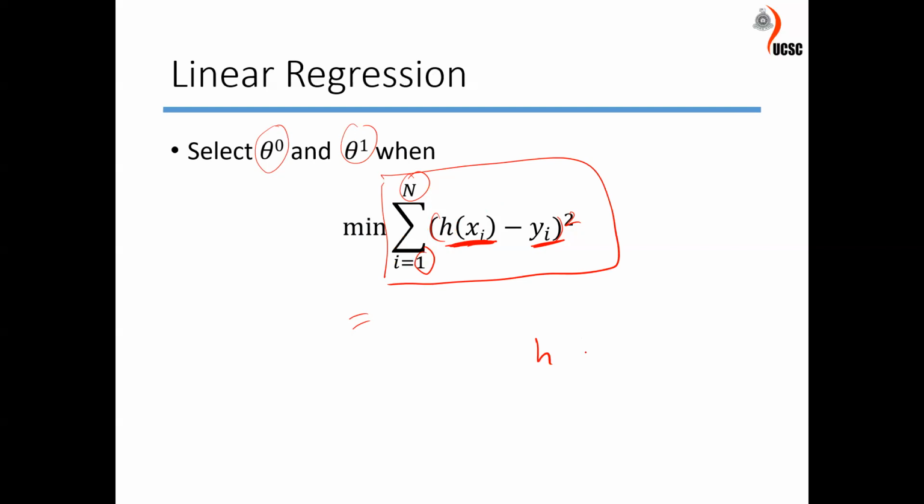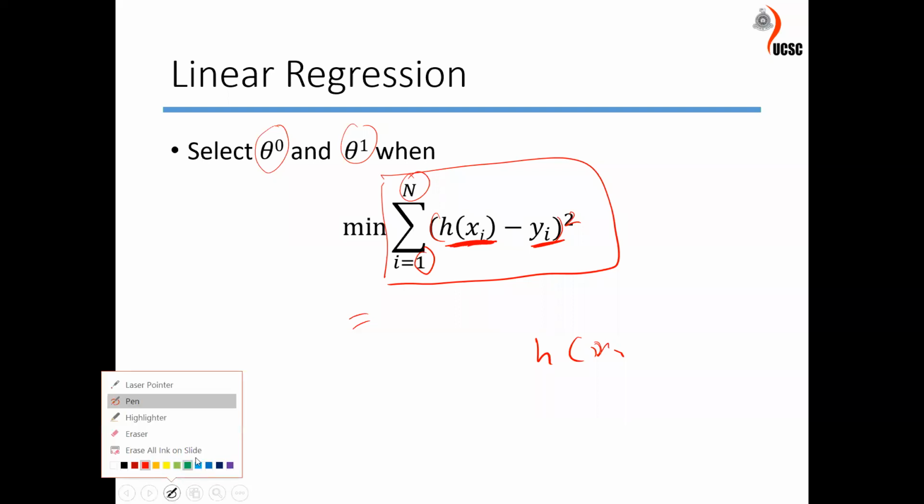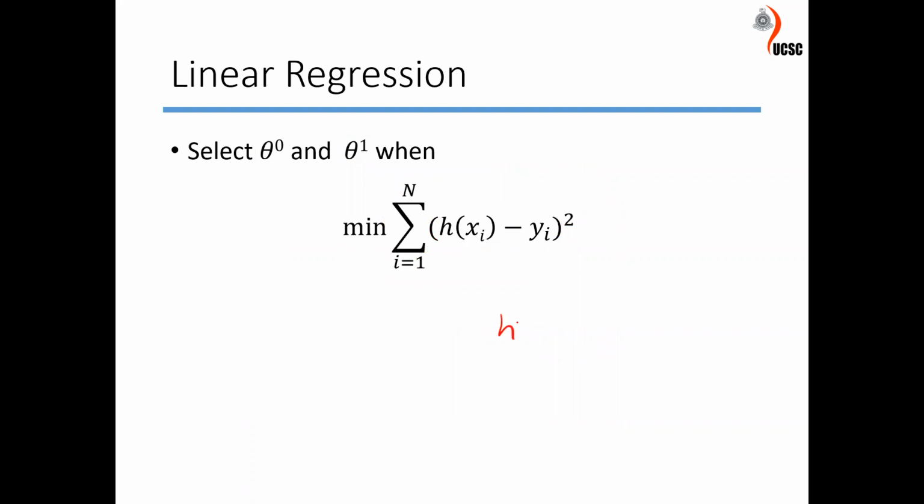That means hx1 minus y1. Like that we take each error and make it square.